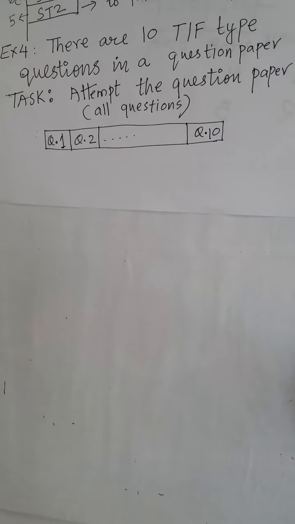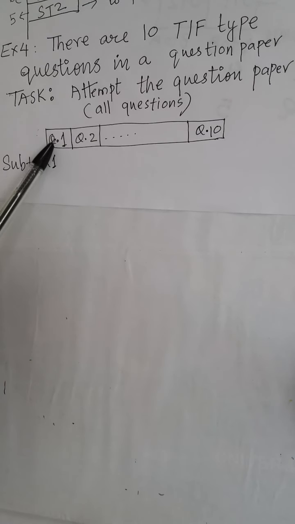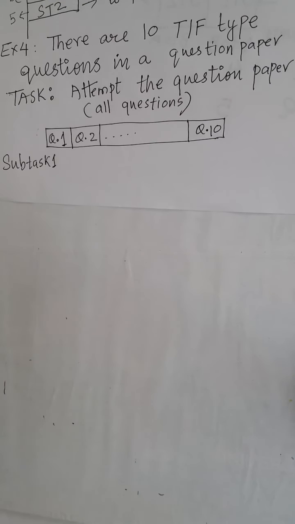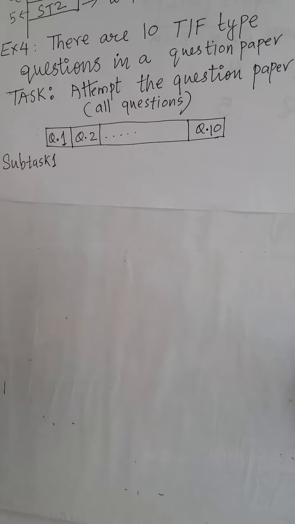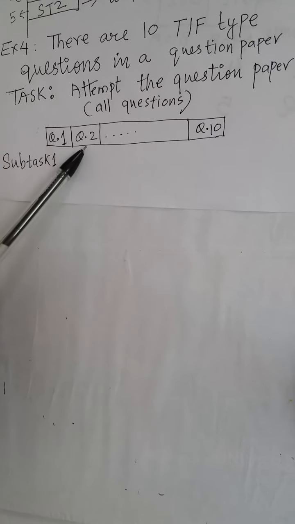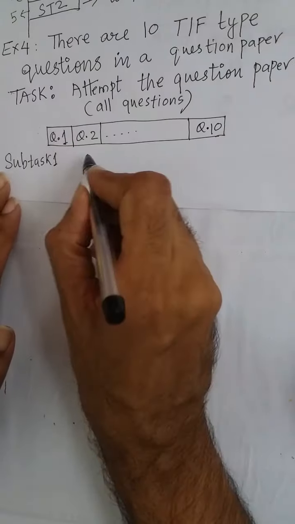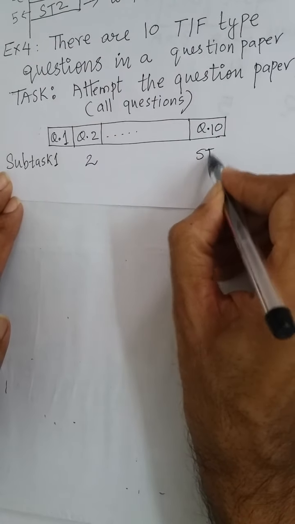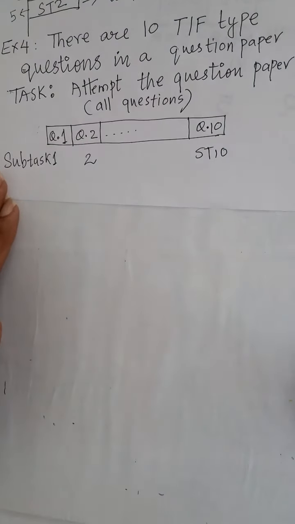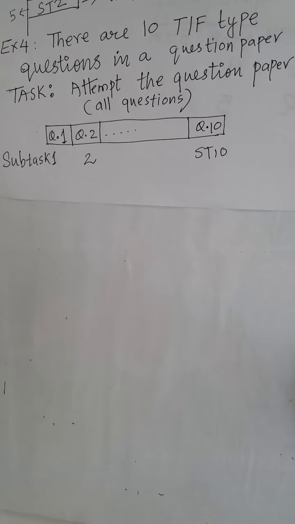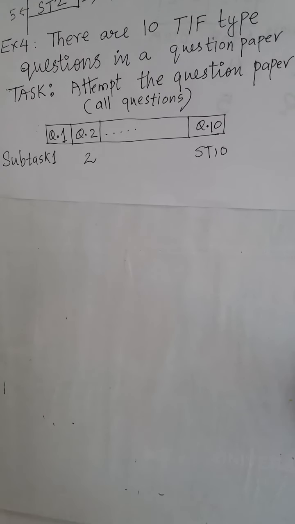So what are the subtasks involved here? Subtask 1 clearly is to attempt question number 1. Subtask 2 is to attempt question number 2. Subtask 10 is to attempt question number 10. So there are how many subtasks? There are 10 subtasks.